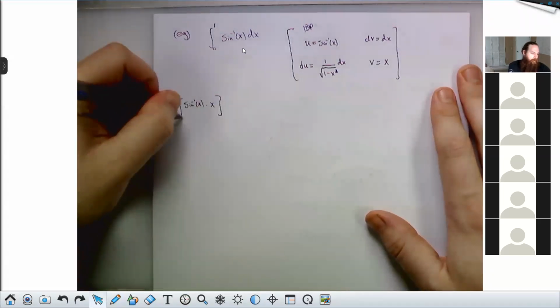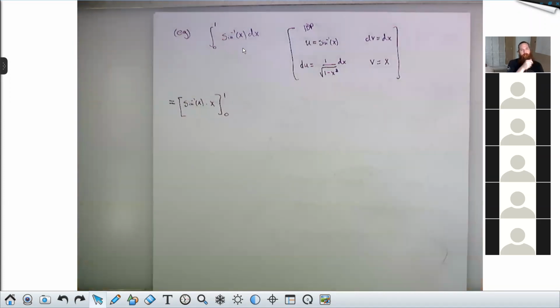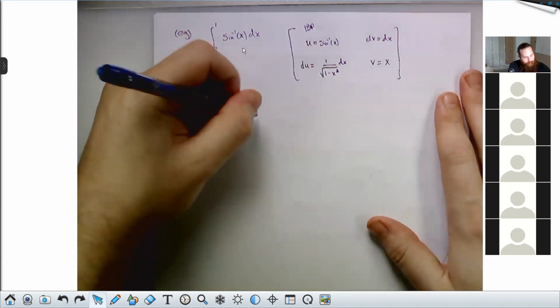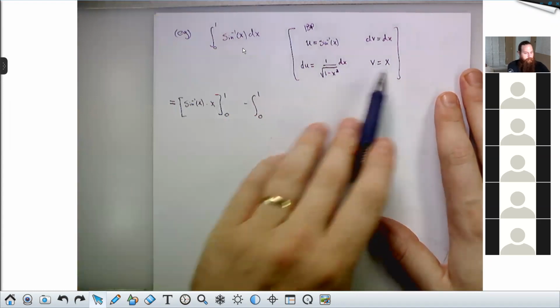Evaluated between bounds, and people forget this all the time. Do not forget the bounds here. Minus the integral, again between bounds, of v times du.